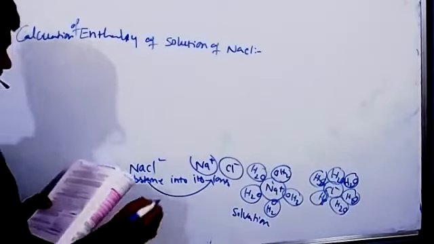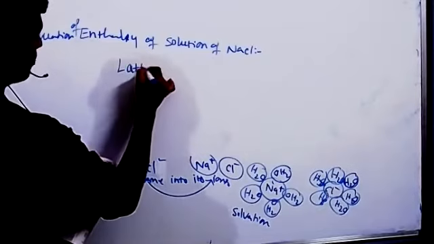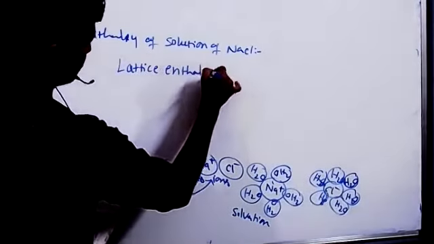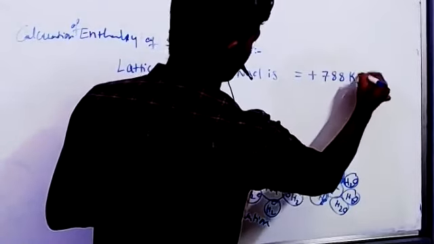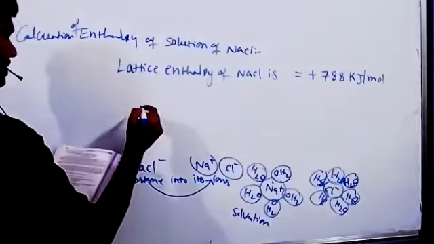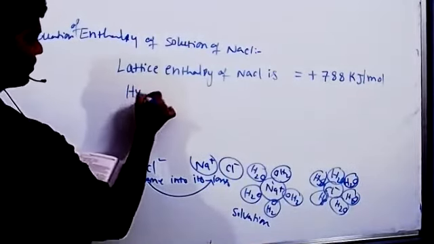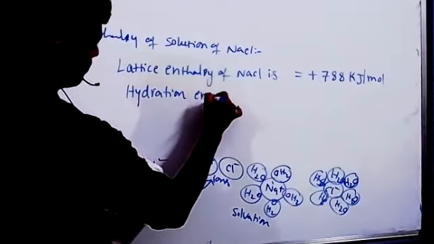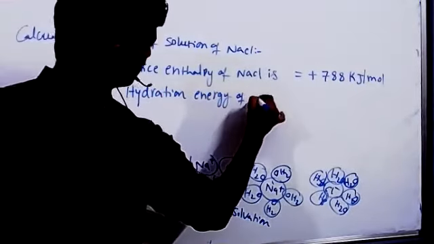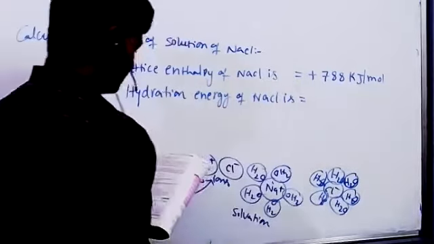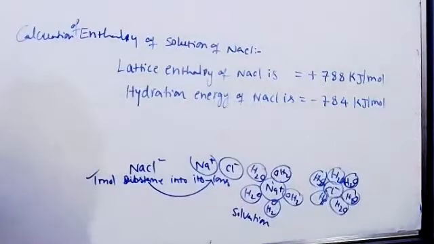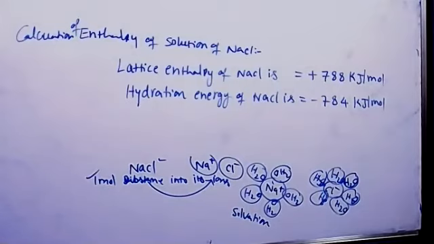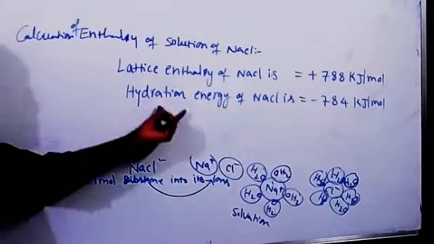Here the given lattice enthalpy of NaCl is plus 788 kilojoule per mole. Next, the hydration enthalpy or hydration energy for NaCl is minus 784 kilojoule per mole. So the enthalpy of solution is the sum of the lattice enthalpy and hydration enthalpy.